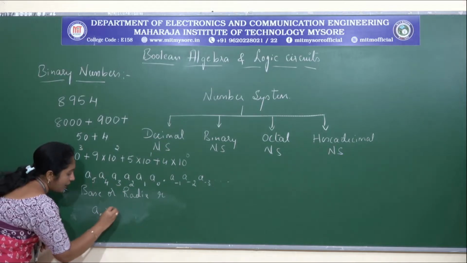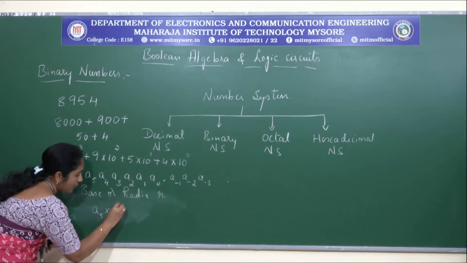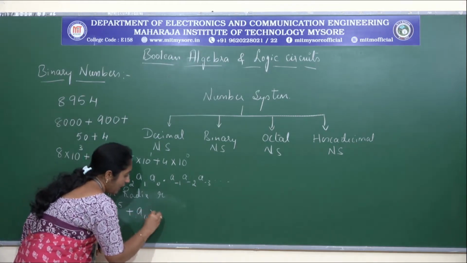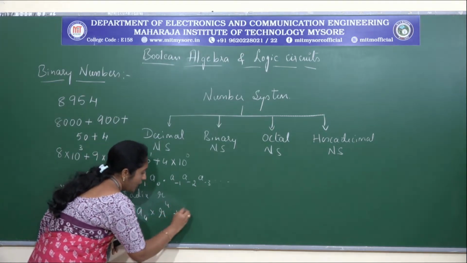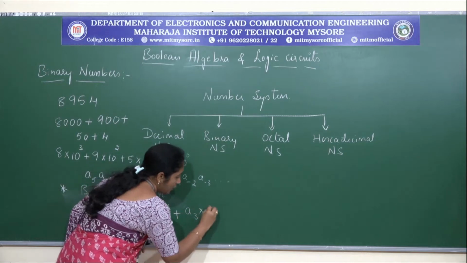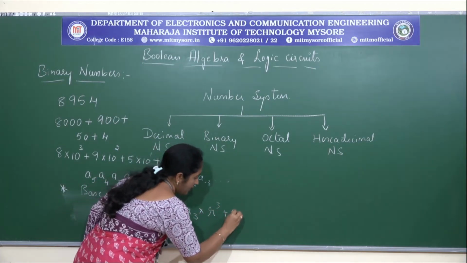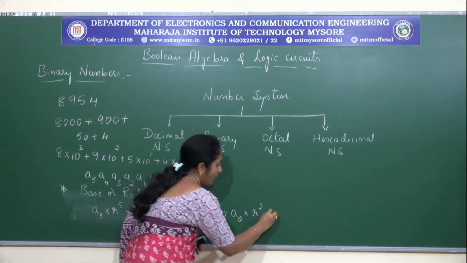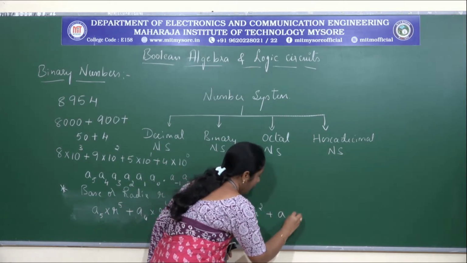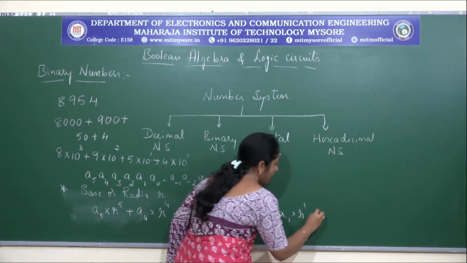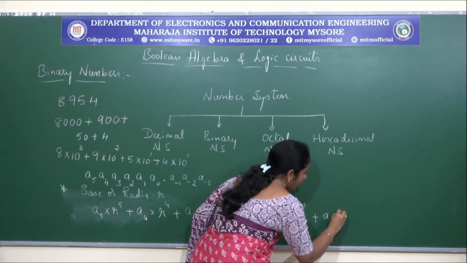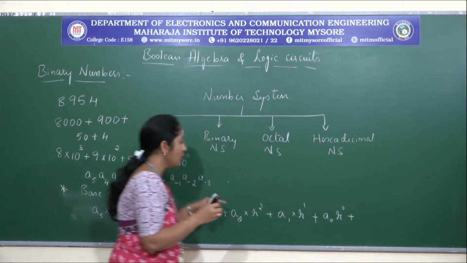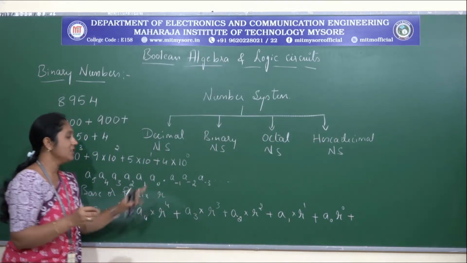A5 into r to the power 5 plus A4 into r to the power 4 plus A3 into r power 3 plus A2 into r power 2 plus A1 into r power 1 plus A0 into r power 0 plus, we need to represent the numbers after the decimal point.